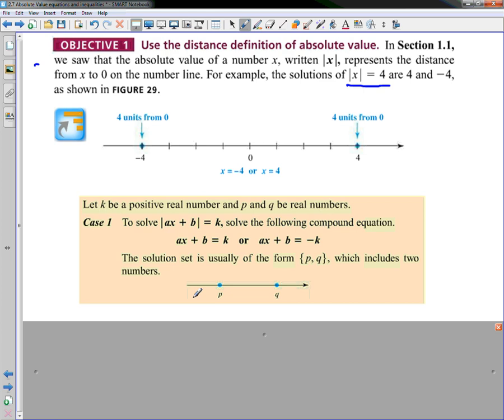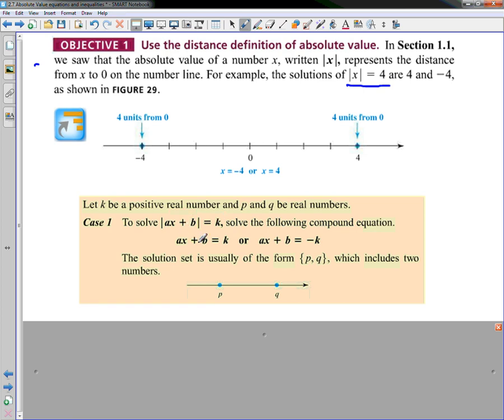Okay, so let's go ahead and look at the math definition of solving an absolute value equation. Again, remember to pause me if you need a little time to write this down before we go on. We have a generic equation where the absolute value of the left side is equal to a number k. So it's saying, when is this value going to be a distance of k away?